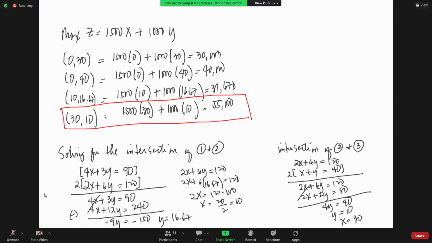That is why the hectare is important in the definition. If you don't write the hectare there, you will be confused in interpreting. So the decision: X is 30. If you don't include the hectares, you get confused. 30 hectares of land should be devoted to planting rice.